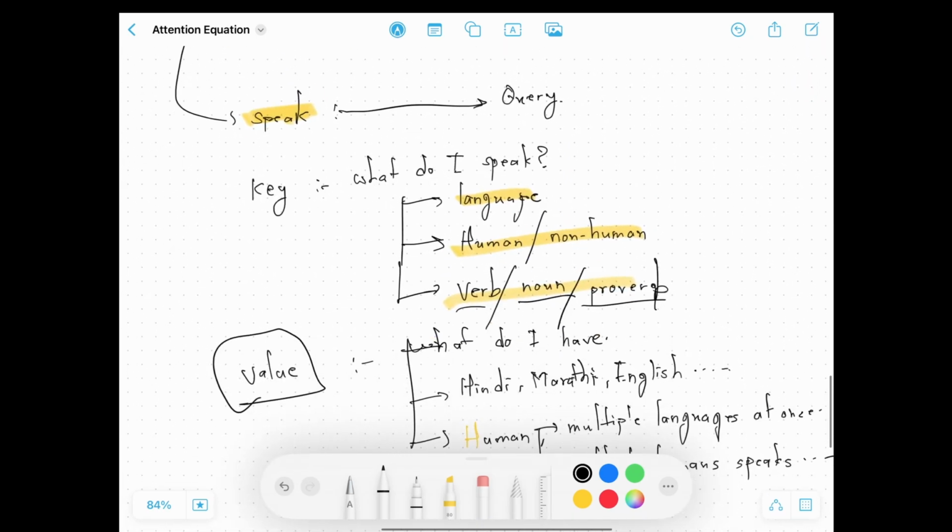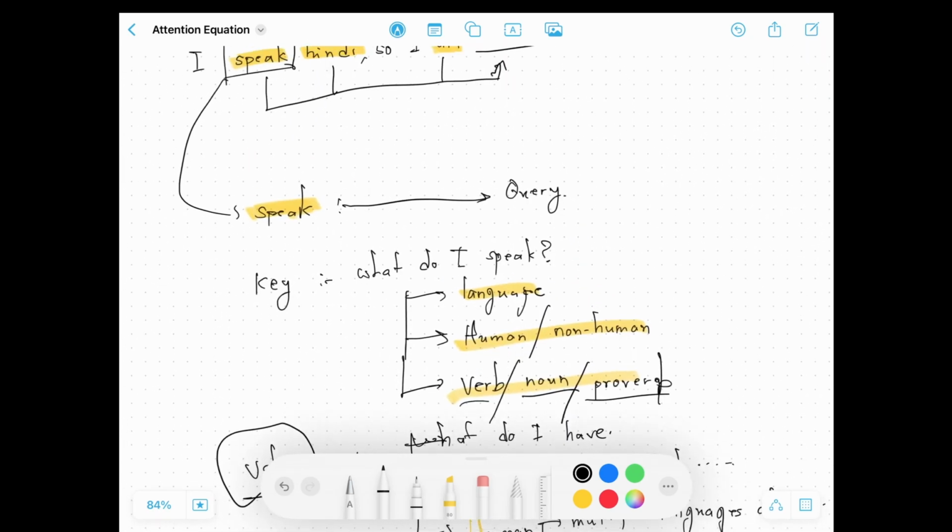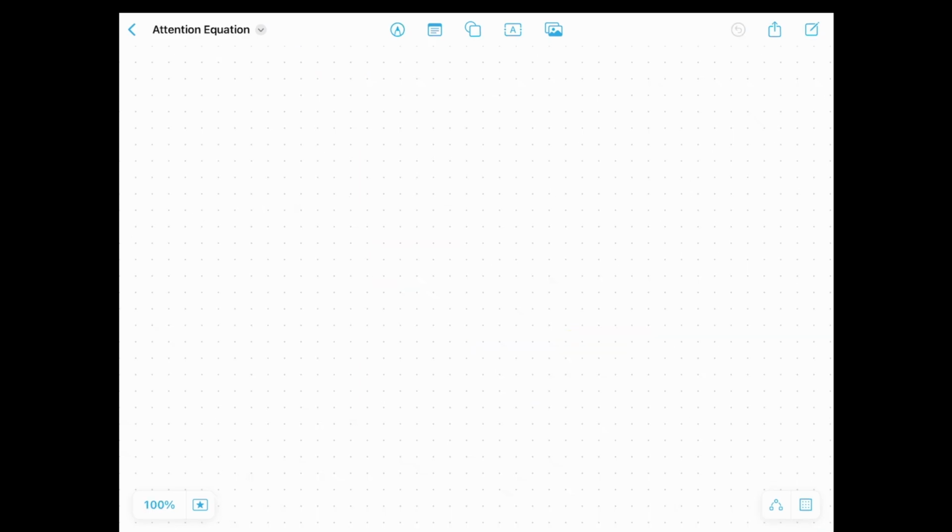So whenever we have the query, for example, let me just rearrange this in a better way. This would be our query, and I'll be rewriting that equation first.